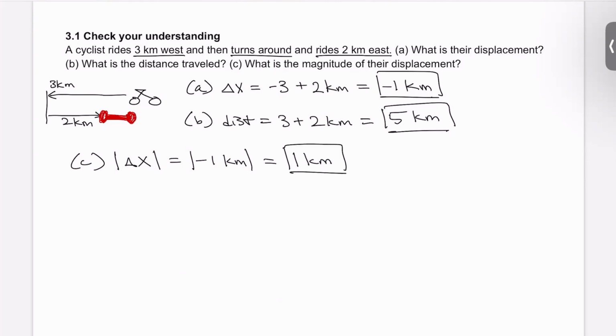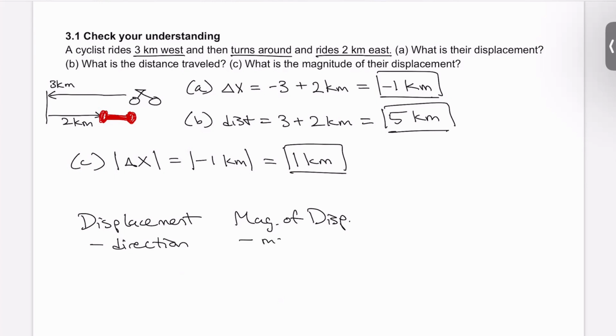Just to emphasize the difference between displacement and magnitude of displacement. So displacement includes direction, but then magnitude of displacement does not include direction, it's just the magnitude.